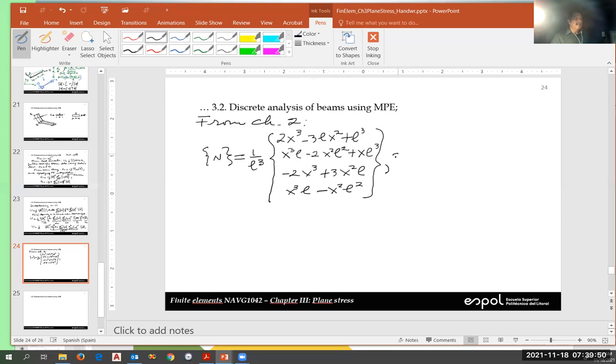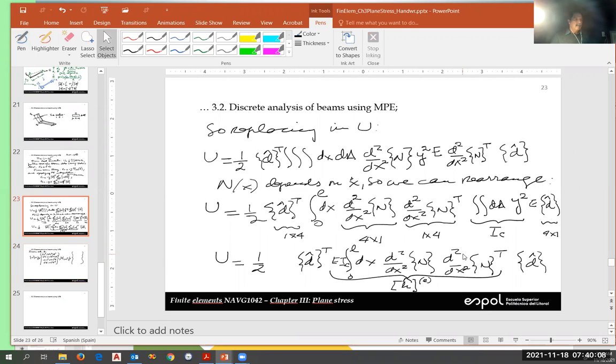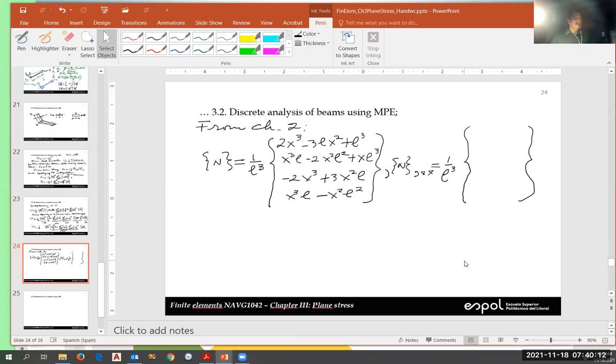So let's put it like this, to save some time, comma XX. So it's going to be 1 over L cubed. What I'm trying to do here is just apply this multiplication. So we need to differentiate these twice.